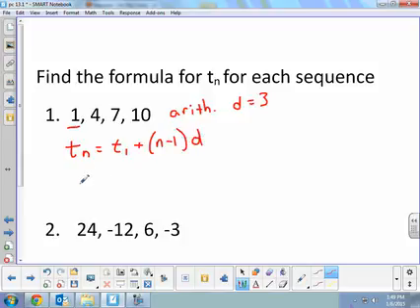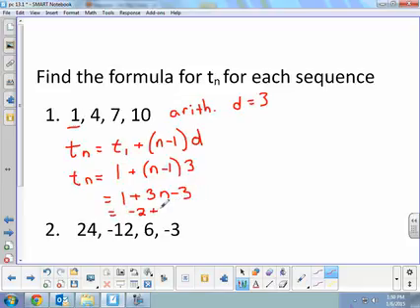Go ahead, plug in what you know. First term is 1. n is our variable, and d is 3. I'm going to go ahead and neaten that up a little, and I get -2 plus 3n.